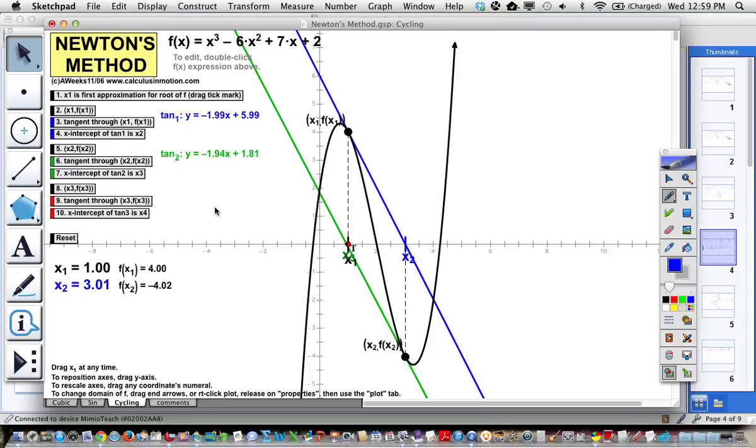But if I move this over just a hair, this blue line would come down a little steeper, causing it to hit at a different place here, causing this green line to go to a different spot, and then on and on and on. That little tiny change would get magnified with each step. Okay? With each step.